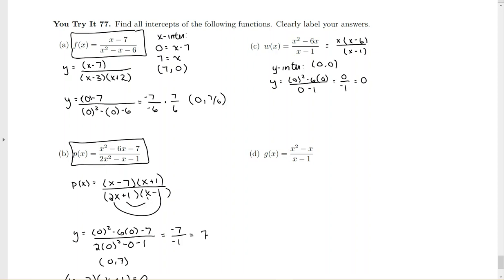Find the x-intercept. I set the numerator equal to 0 and then solve. Well, again, there is the advantage of I've already factored, so set each factor equal to 0. Solve for x. And once again, I'm going to get two x-intercepts, one here at (0, 0), and the other one at (6, 0).